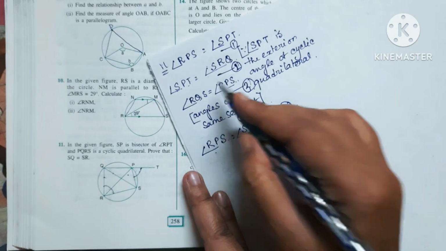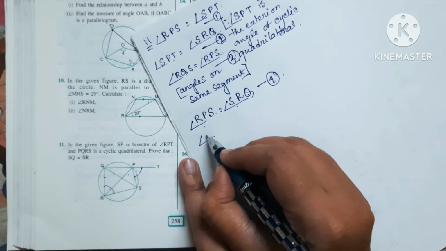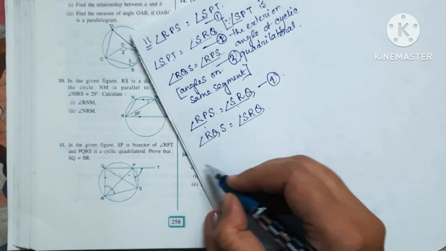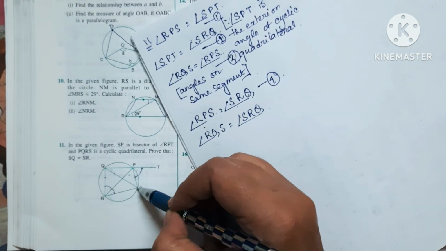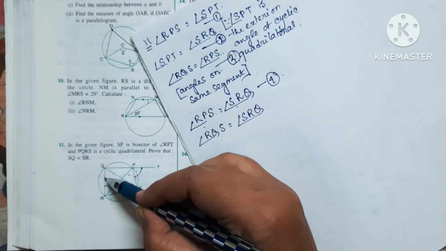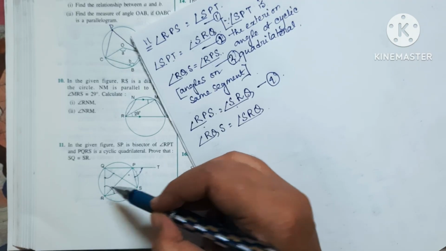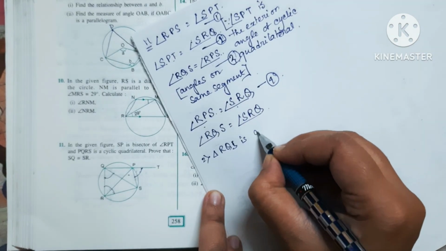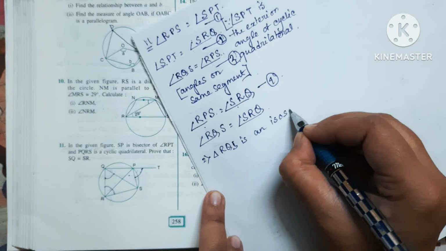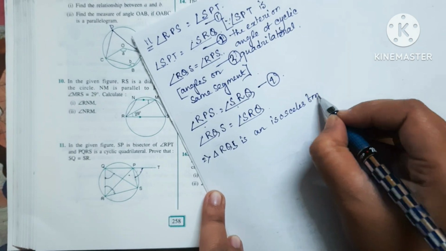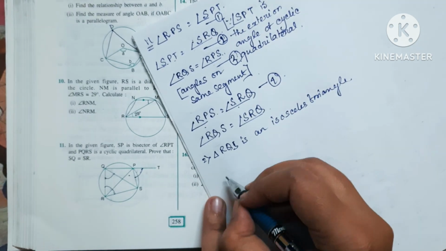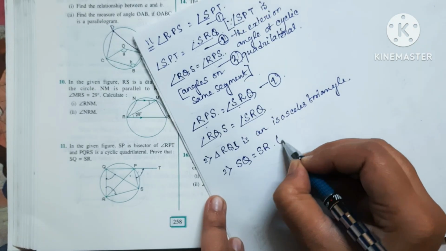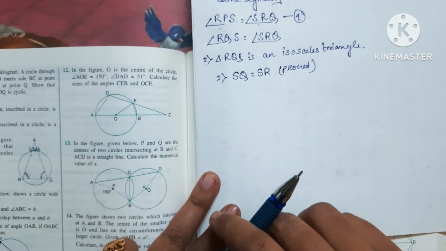So from these two parts, you can write angle RQS is equal to angle SRQ. Now in triangle RQS, this angle is equal to that angle. That means triangle RQS is an isosceles triangle. That means SQ is equal to SR. Proved.